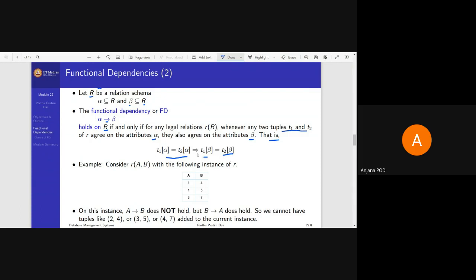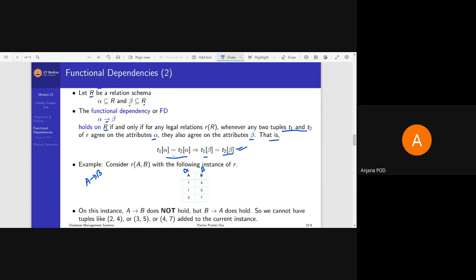We'll try to understand this formula with examples. Here we are considering A as alpha and B as beta. To say that A determines B, both these conditions need to be satisfied.